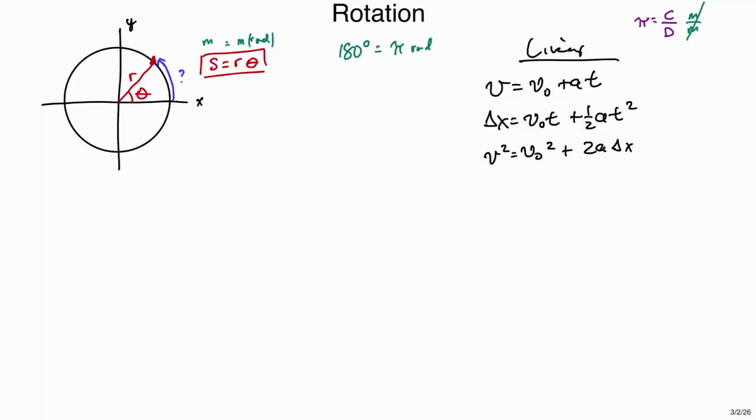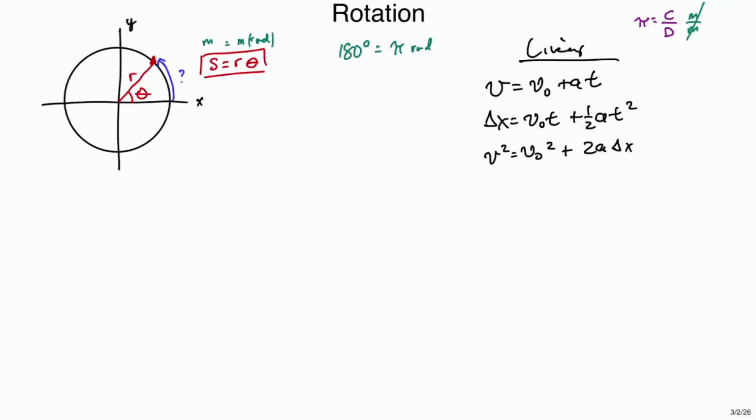Okay, so with arc length defined for us, we can start talking about position, velocity, and acceleration. The position, right, for anything on this wheel, is going to be given really by what thing.